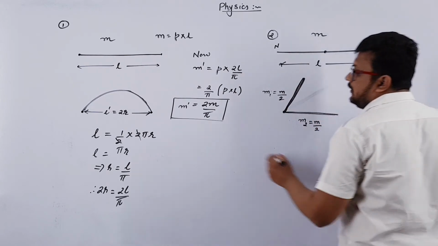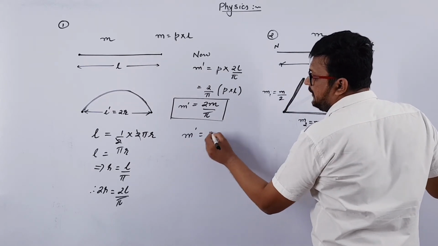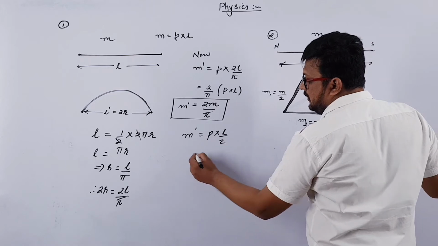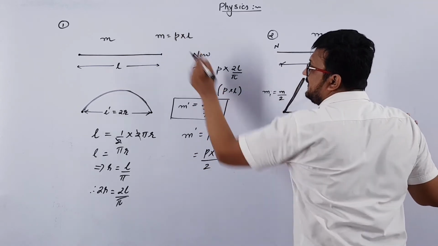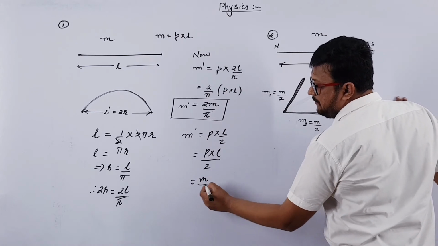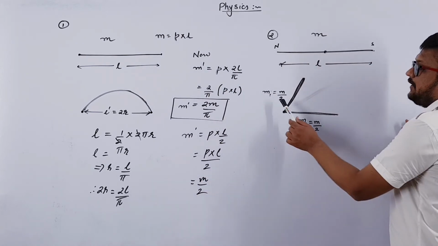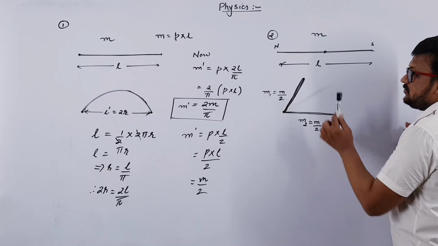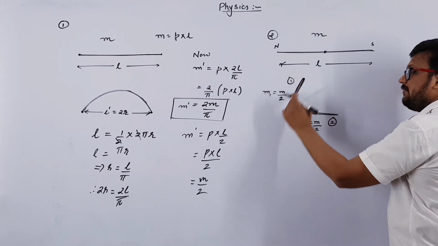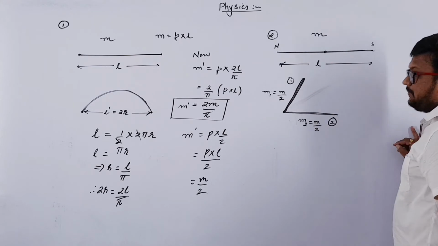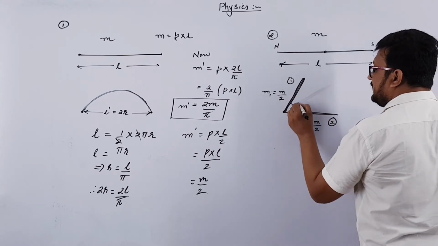So M dash will be equal to P into L by 2, that is P into L whole over 2, which is M by 2. So the magnetic moment of the first one is M by 2 and the second is also M by 2, and this angle is 60 degree.